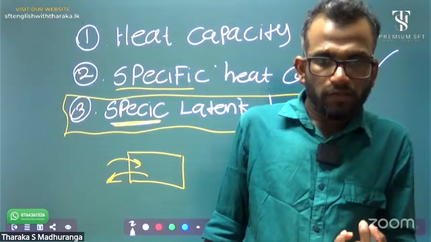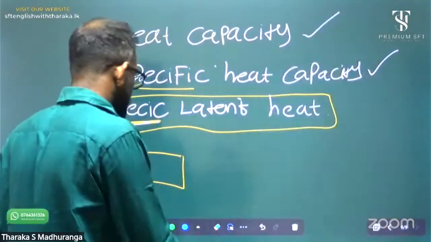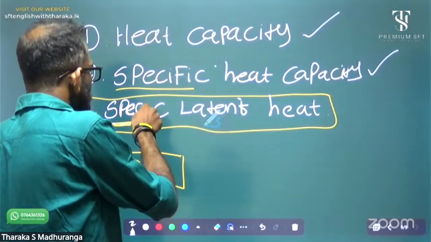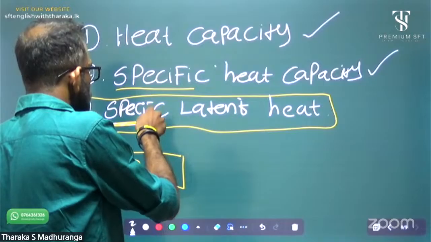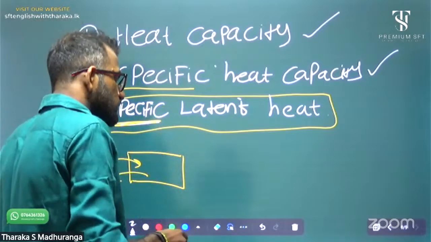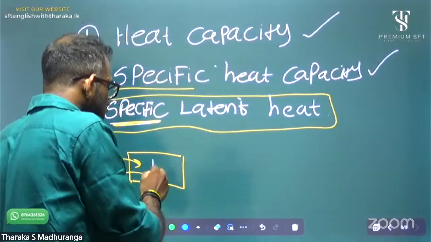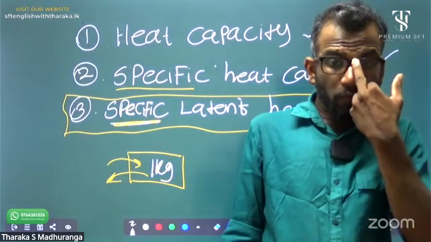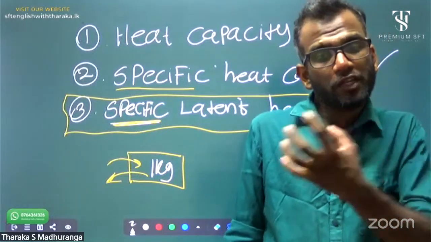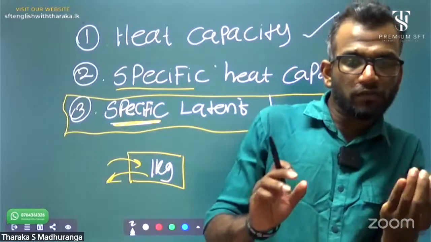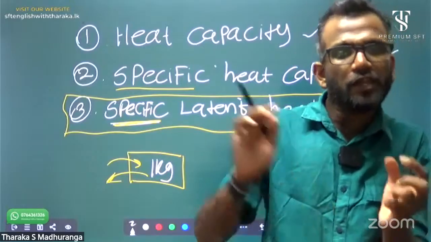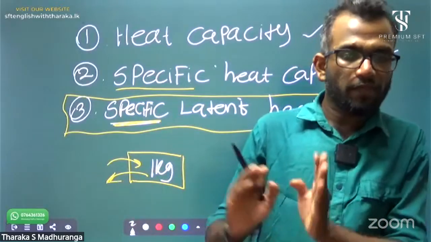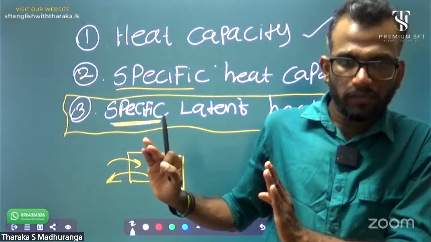Specific means unit mass. The amount of heat required to completely convert one physical state to another physical state without any temperature change, of unit mass, we call the specific latent heat.